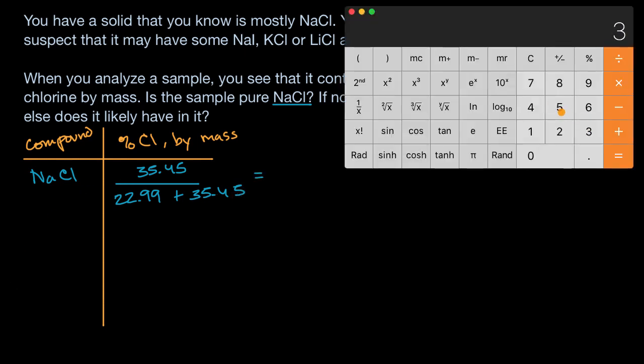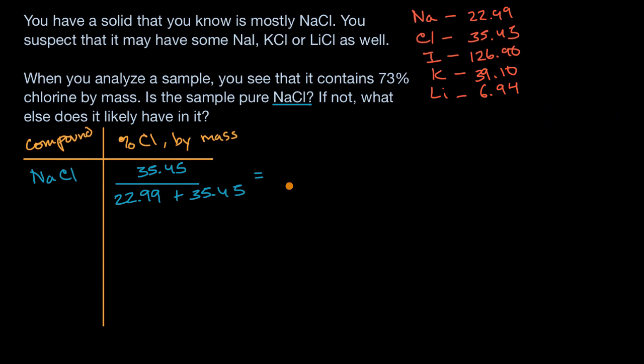So we have 35.45 divided by, open parentheses, 22.99 plus 35.45, close the parentheses, and then I get it equal. So it looks like it's a little bit over 60%. And that's actually enough for us to go on, because if this is approximately 61%, we see that that's very different than 73%.